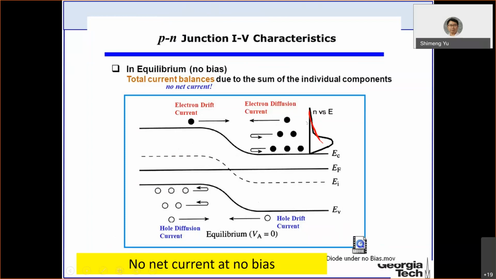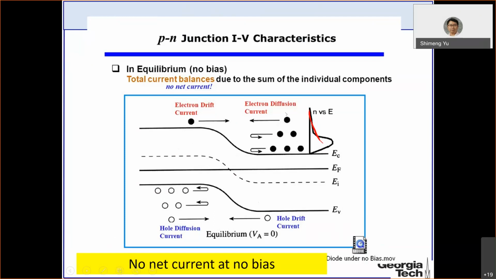So if you recall the Fermi function, it says that the probability to find the electron is exponentially less when the energy moves up. So here let's draw this schematic to show the distribution of the electron. So basically more electrons at the lower level and exponentially fewer electrons at the higher level.